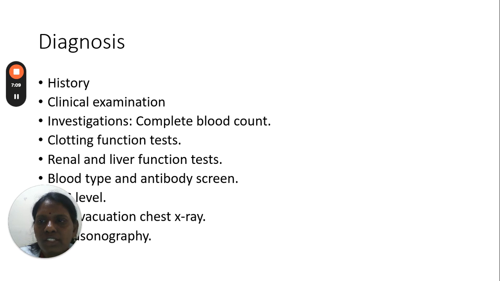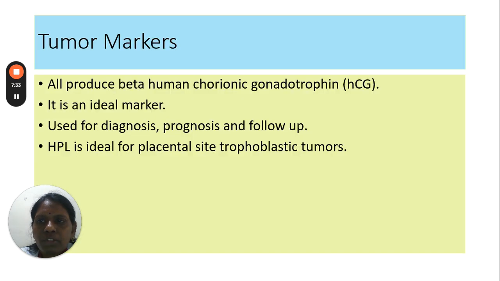Diagnosis is done by history, clinical examination, and investigations like complete blood count, clotting function test, renal and liver function tests, blood grouping and typing, HCG level, chest X-ray and ultrasonography.